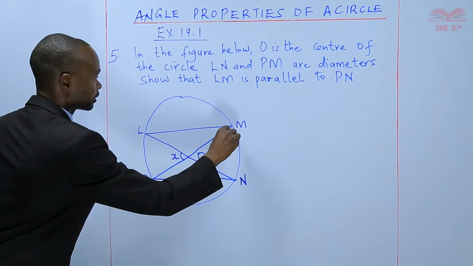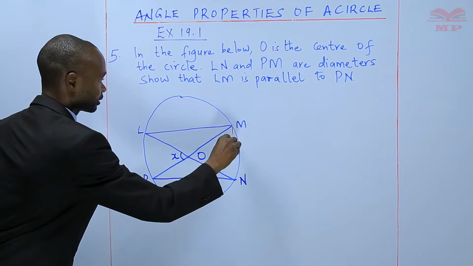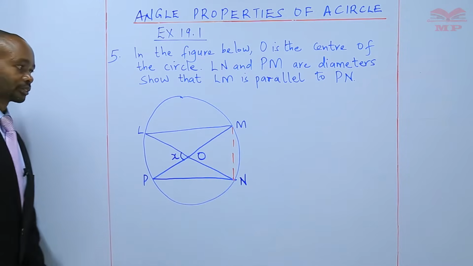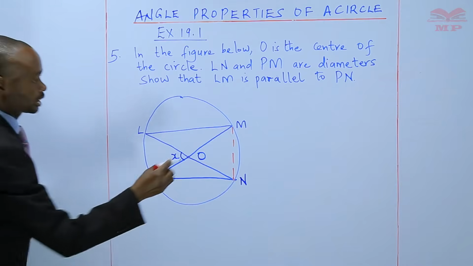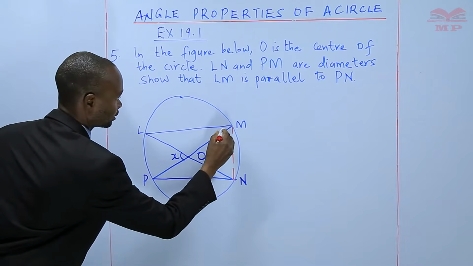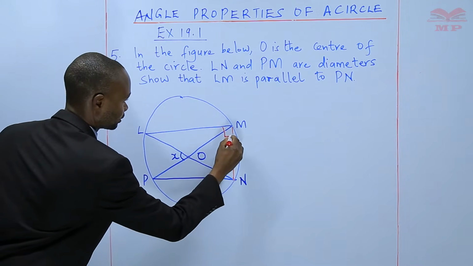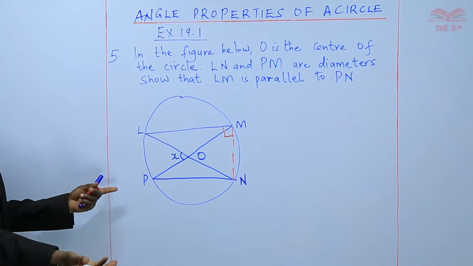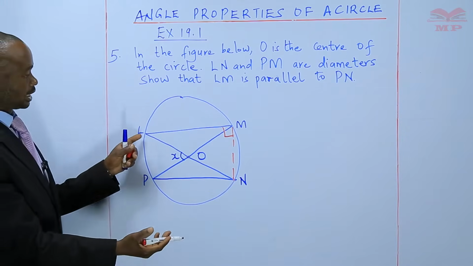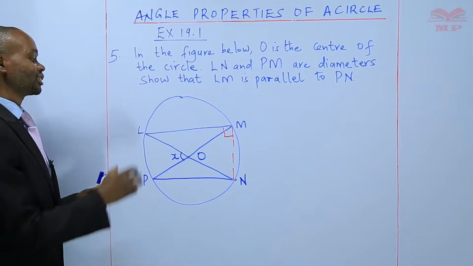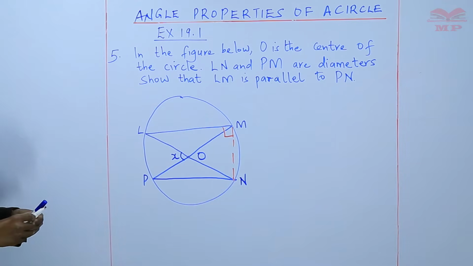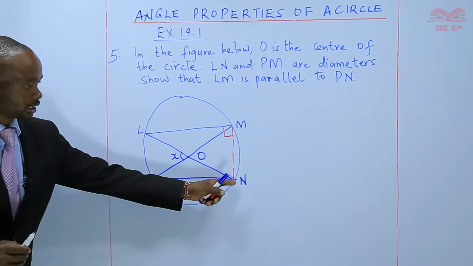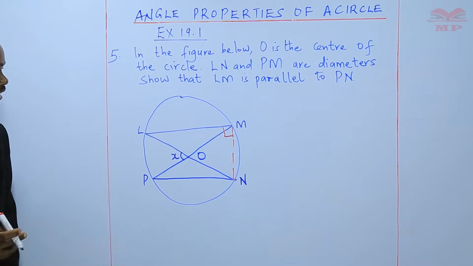So if I prolong that and get that small chord there, I will already get a right angle there. It is a true proof that angle LMN is a right angle because it is subtended by which chord? LN, which is the diameter.